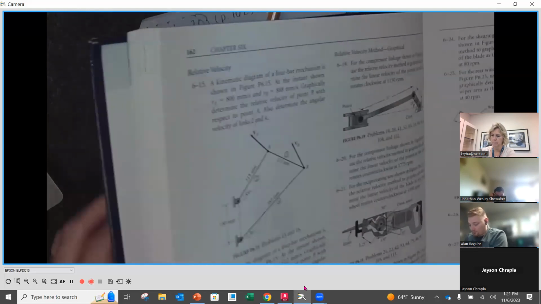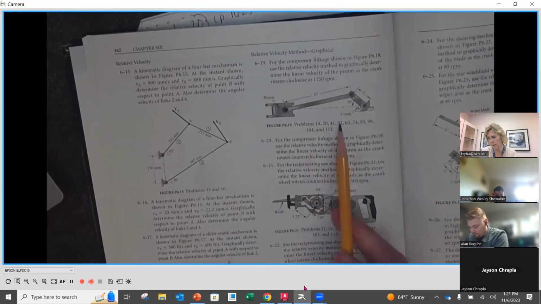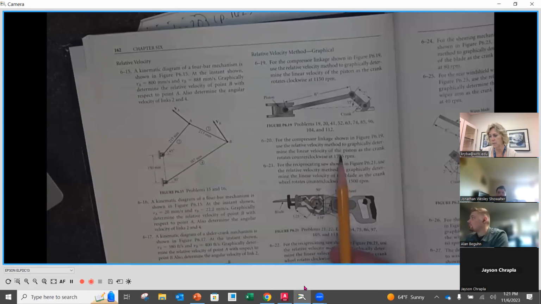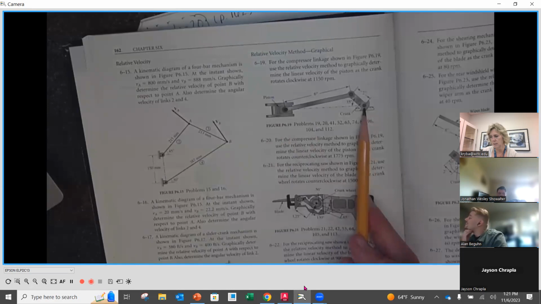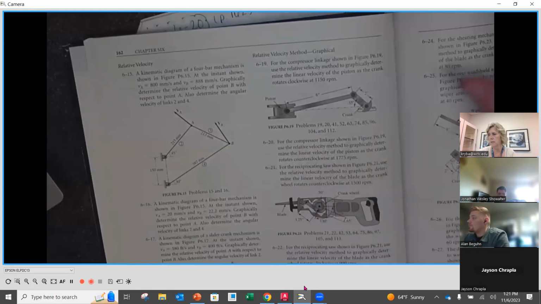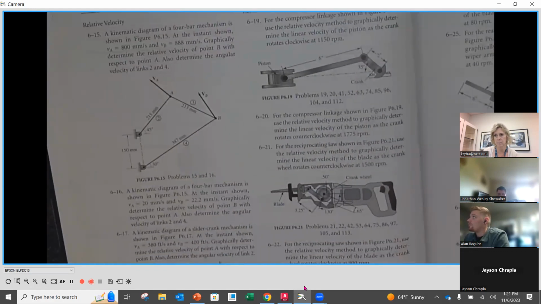Now, the problem that we're going to be looking at is the compressor linkage above, using the relative velocity method to graphically determine the linear velocity of the piston, as that crank rotates in a counterclockwise direction at 1,775 RPMs, okay?